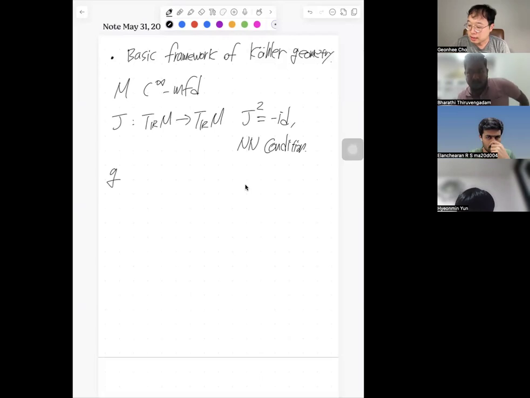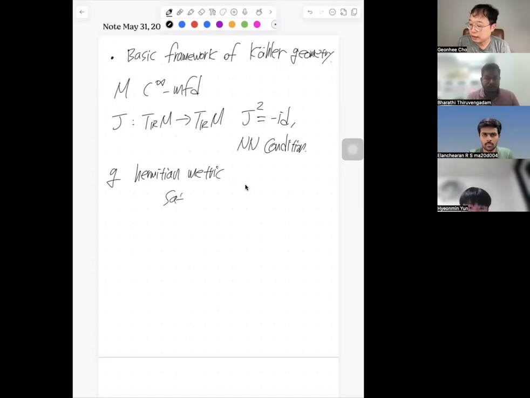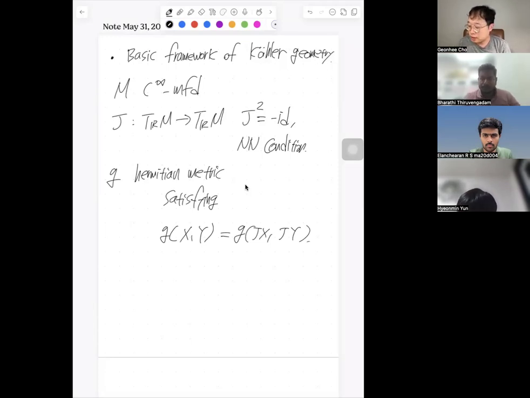And this g is the Hermitian metric satisfying the compatibility condition, meaning that g(X, Y) equals g(JX, JY). So of course, this is the case for a real section of the real cotangent bundle. So from here, we have a triple M, J, and g.